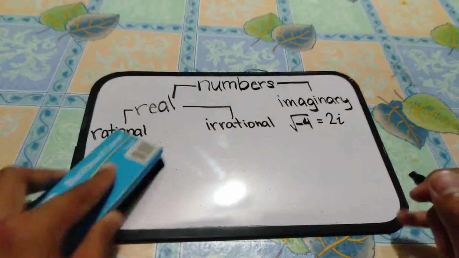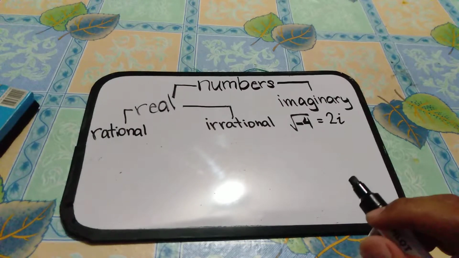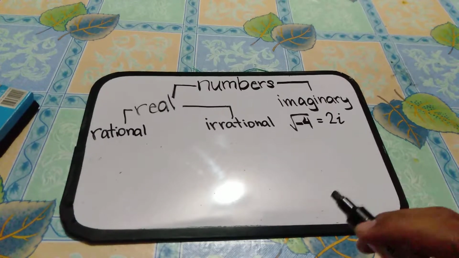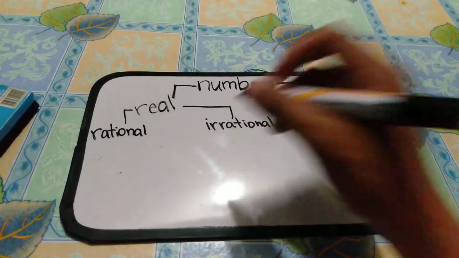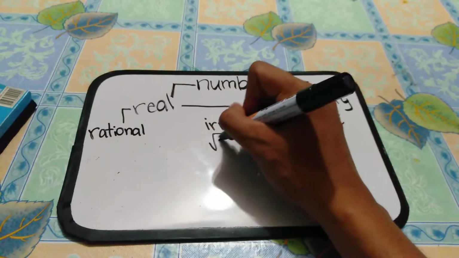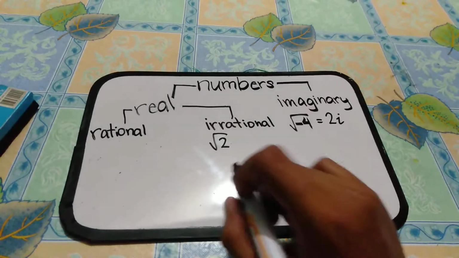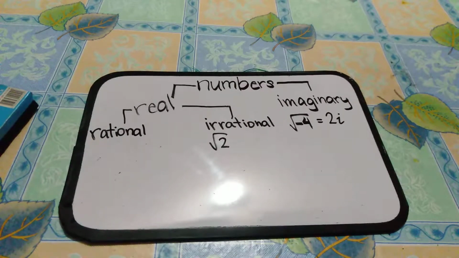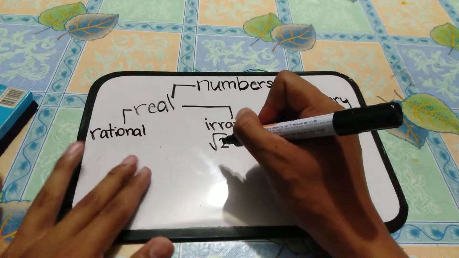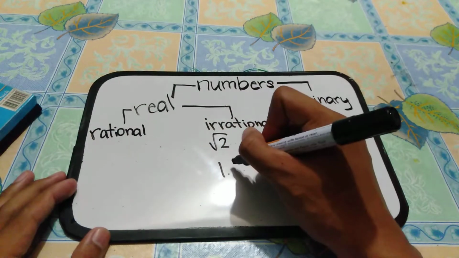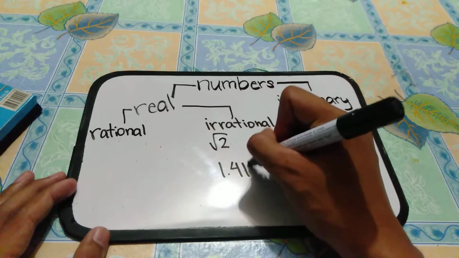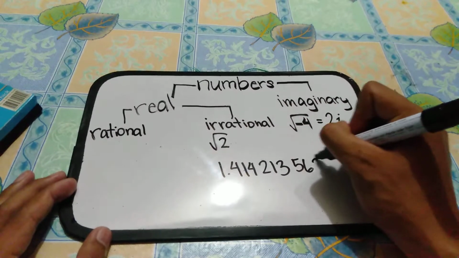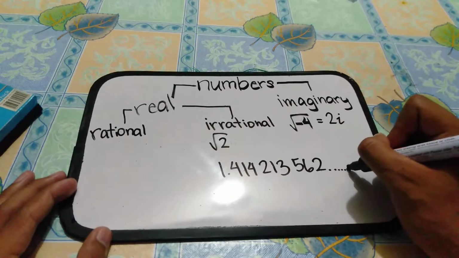Irrational numbers. Irrational numbers are the numbers that cannot be expressed as the ratio of two integers. For example, let's have square root of 2. When we press square root of 2 in our calculator, the answer will be 1.4142... and so on and so forth.